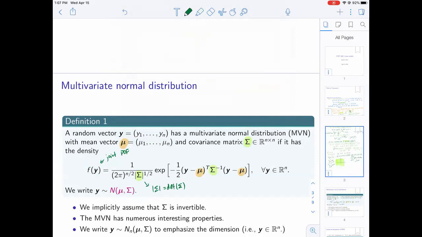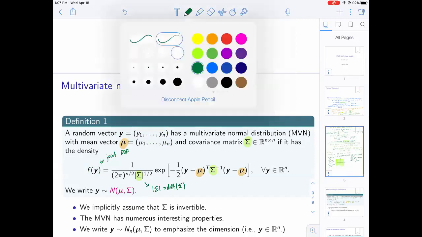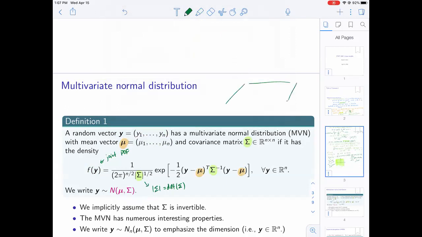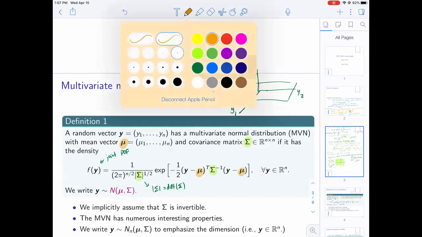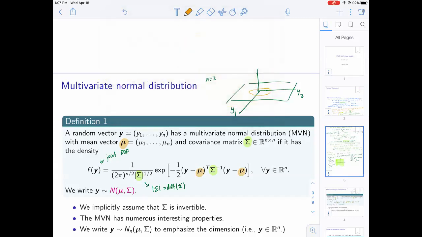So there's not much intuition here, except that this is still going to be a bell-shaped curve, but a multivariate bell-shaped curve. If you consider the case n equal to 2, with axes y1, y2, the contours would be things like this.